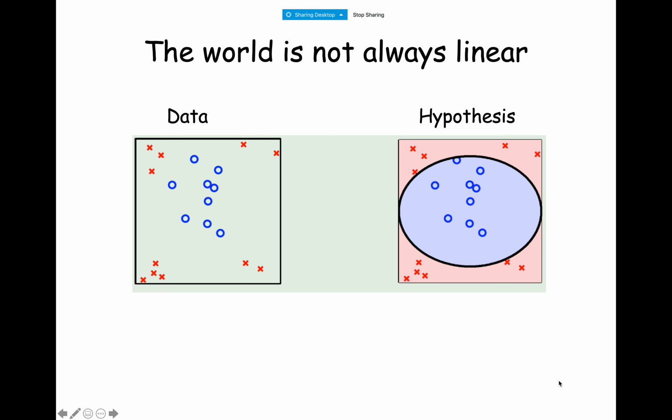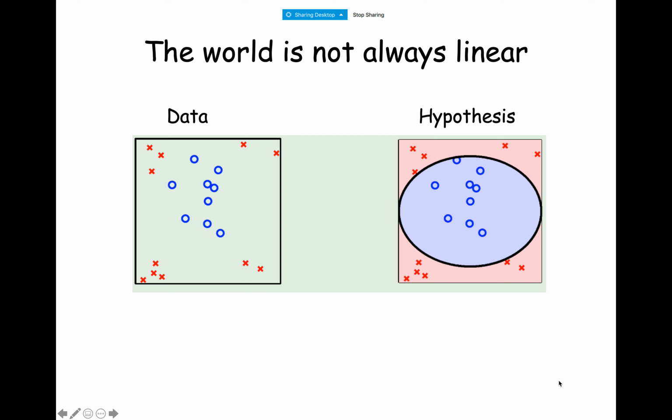So if you could draw a hypothesis, something like a parabola or an ellipse, right, you can actually get a very good separation that exactly matches the assignment of class labels, i.e. the red points from the blue points, right?